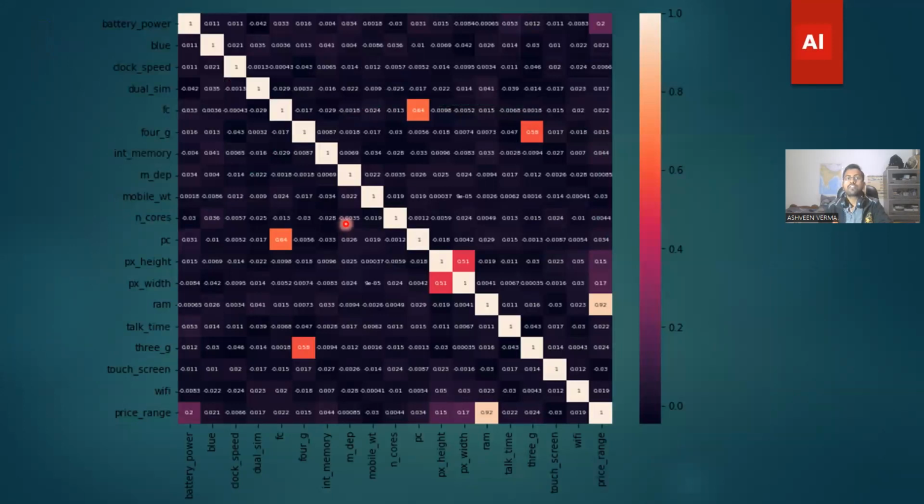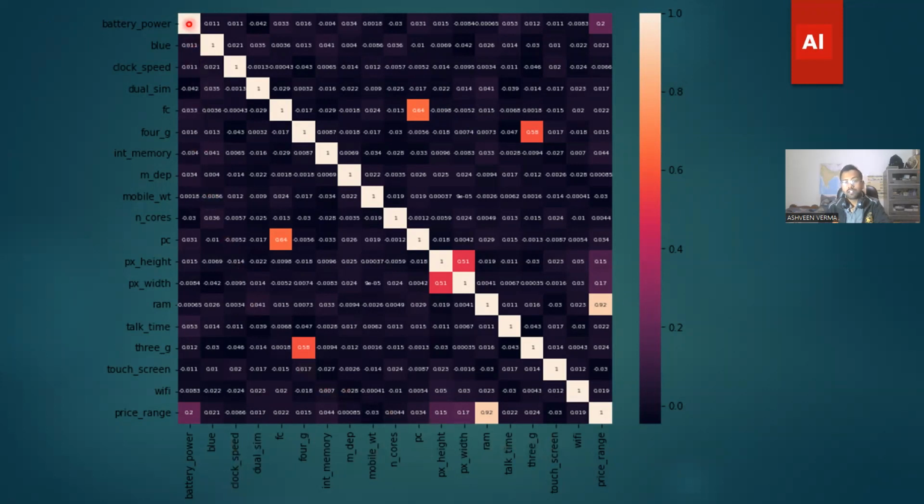This is the heat graph of the price range with respect to all 21 columns: battery power, Bluetooth, clock speed, dual SIMs, and so on.